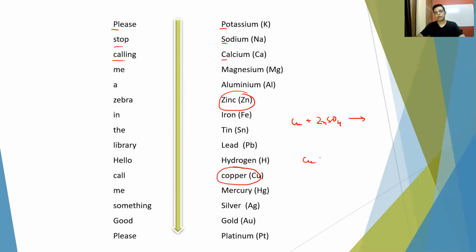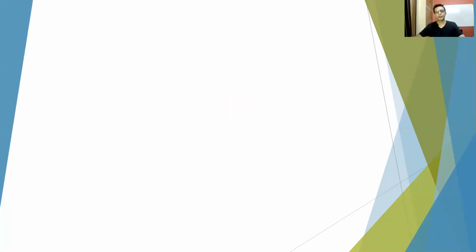So copper is less reactive than zinc. Since copper is less reactive than zinc, this displacement reaction will not take place. Fine. So from the reactivity series, we can find out which metal will displace which metal or which non-metal.